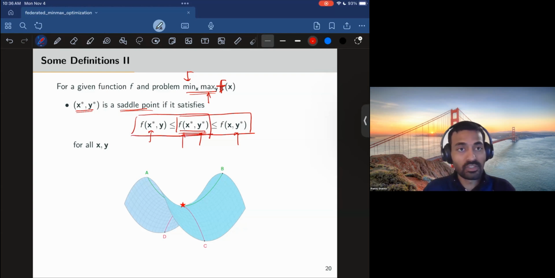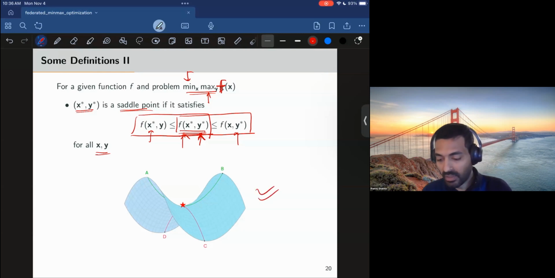So you get two sets of inequalities. Keeping y fixed at y star, the minimum value of f is achieved by x star. Similarly, keeping x fixed at x star, the maximum value of the function is achieved at y star. And this is true for all x and y. This is the classical image of a saddle point. It looks exactly like a saddle.